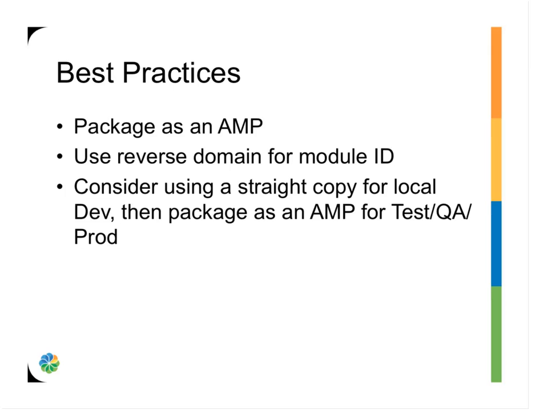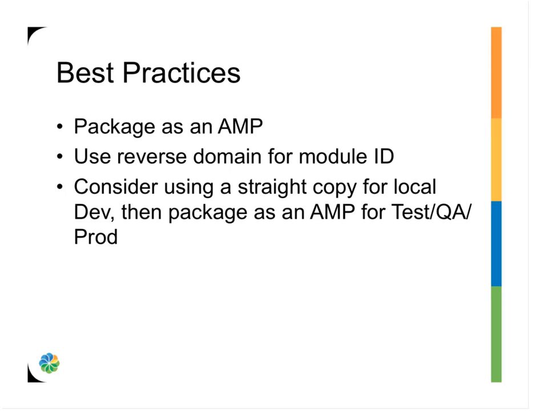Use something smart for a module ID, and I think a reverse domain scheme is probably as good as any. So something that's unique to prevent namespace collisions would be good.